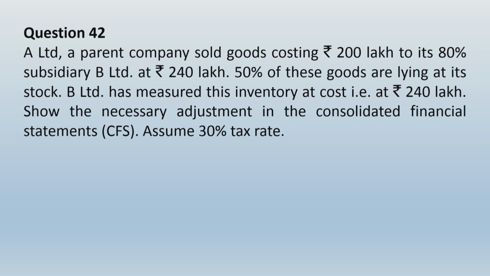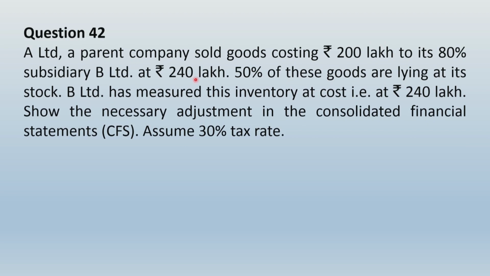First of all, in an intercompany transaction like this, you should always look into who has made sales to whom. So here it is the parent company which has made the sale to its subsidiary, and the goods costing 200 lakhs were sold for 240 lakhs, and the subsidiary company which has purchased the goods has measured its inventory at cost, that is 240 lakhs. Now the entire transaction was for 240 lakhs, and 50% of these goods are lying in the stock of B Limited.